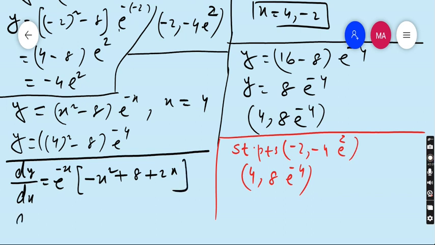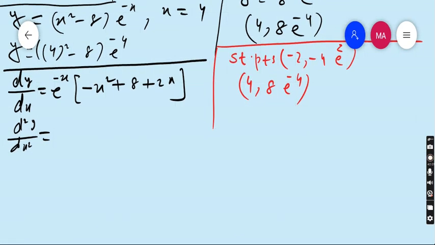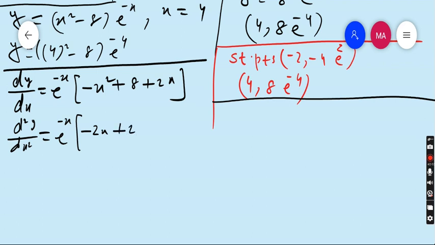Now find the second derivative, d square y by dx square. We have to use u into v formula. u times derivative of minus x square is minus 2x, derivative of 8 is 0 and derivative of 2x is 2.